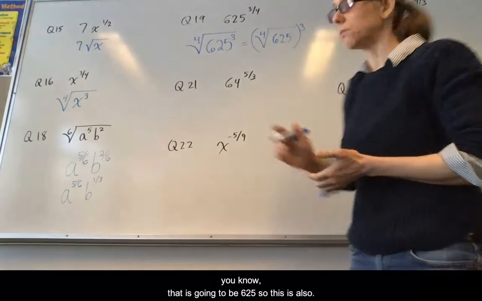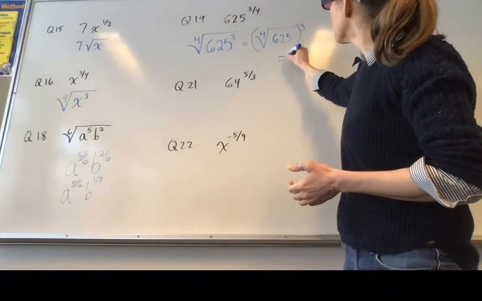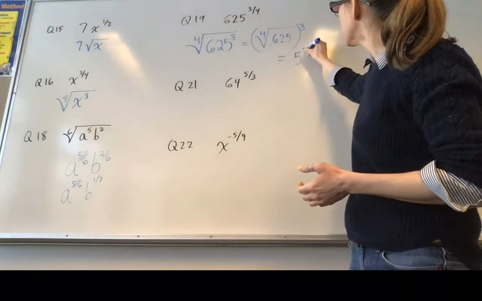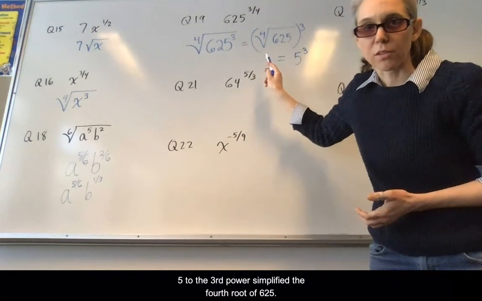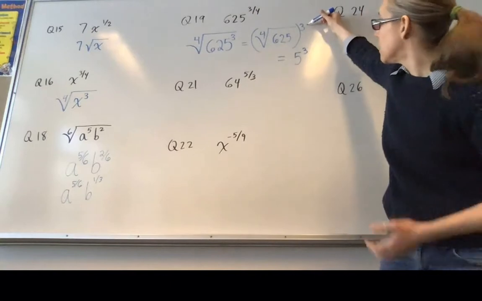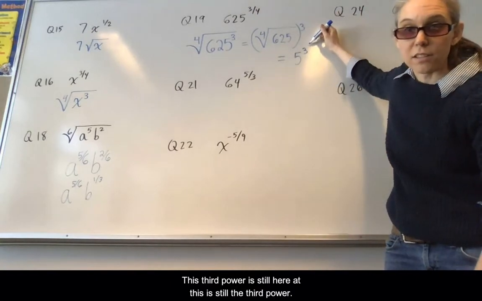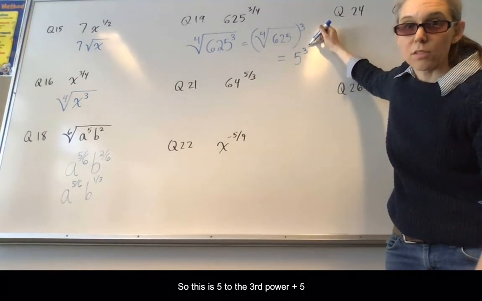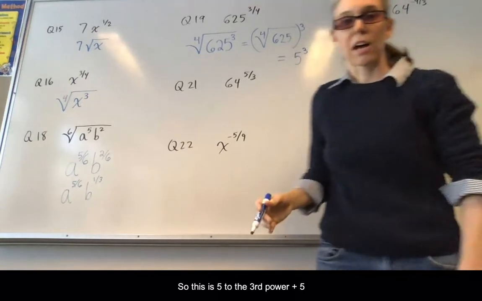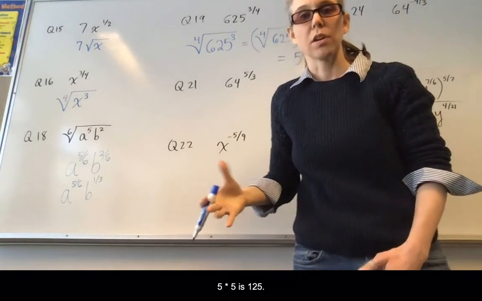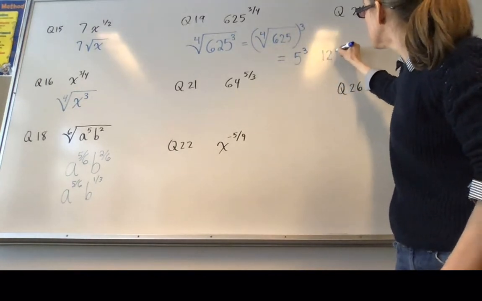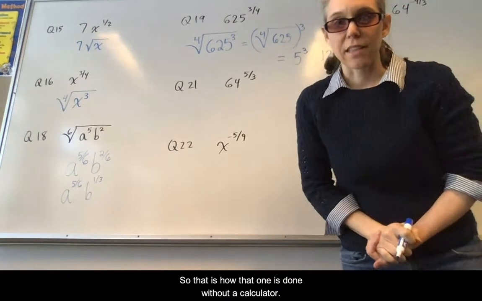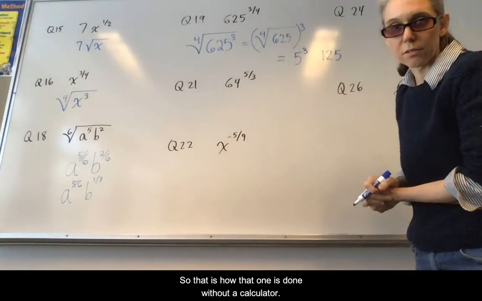So this is also 5 to the 3rd power. Okay, I simplified the 4th root of 625 to 5, and then this 3rd power is still here. So this is 5 to the 3rd power, and 5 times 5 times 5 is 125. So that is how that one is done without a calculator.